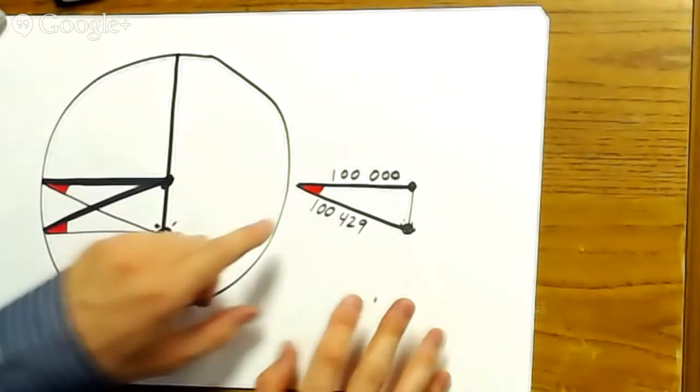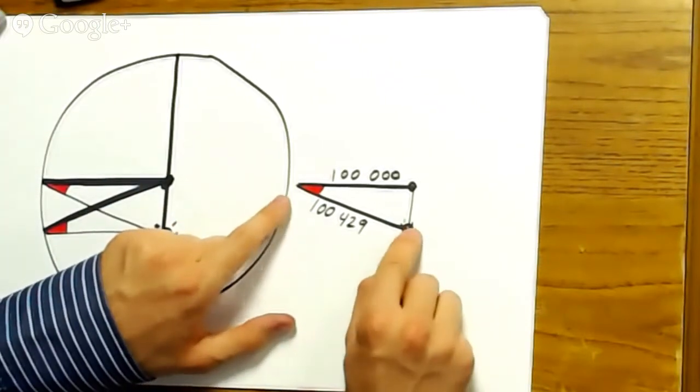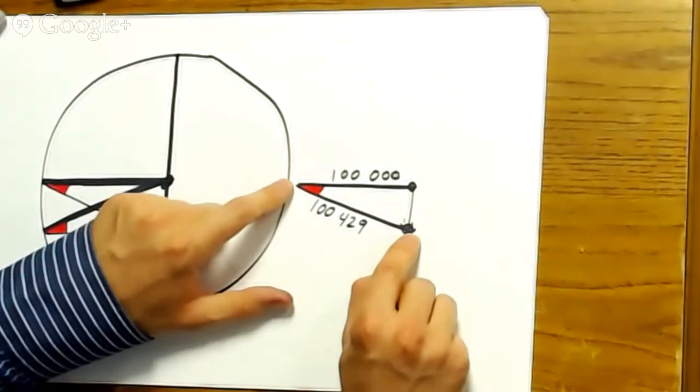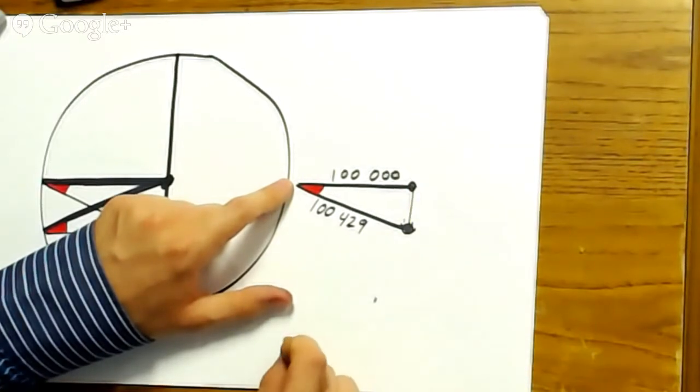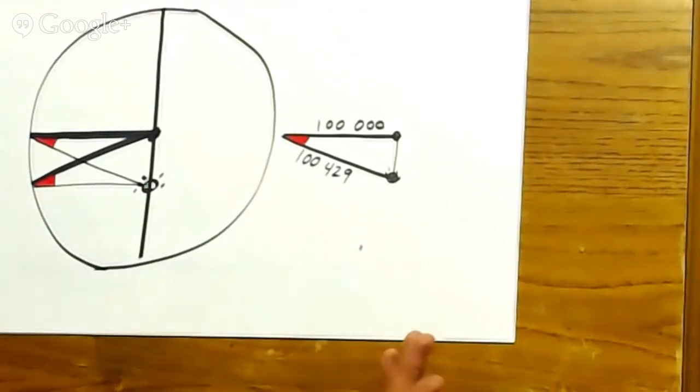Meaning that in this triangle, if this distance, 100,429, if we used 100,000 instead, how much shorter would it be? It's pretty simple, right? The difference is 429.